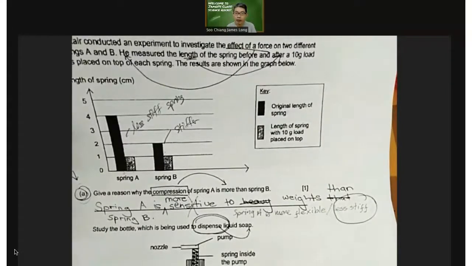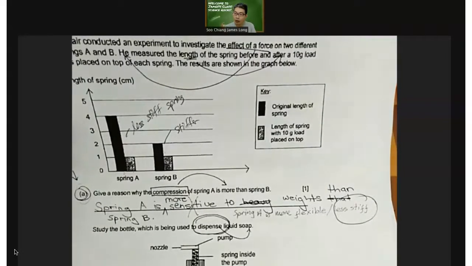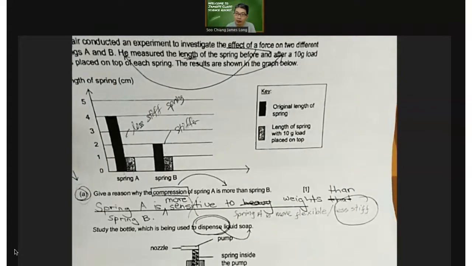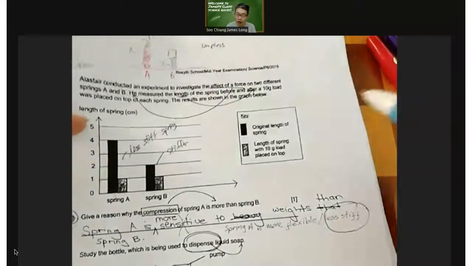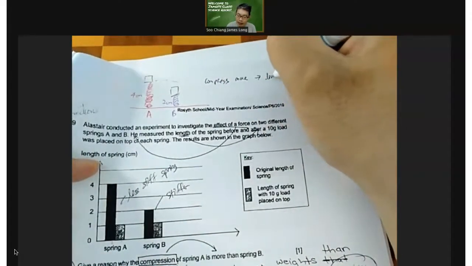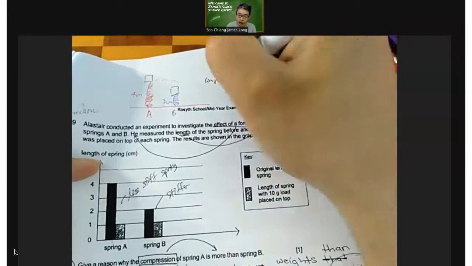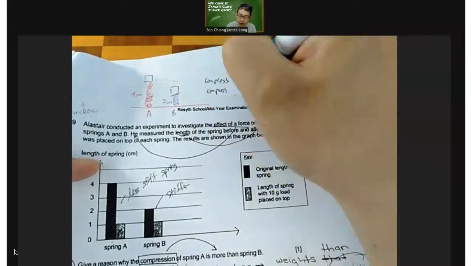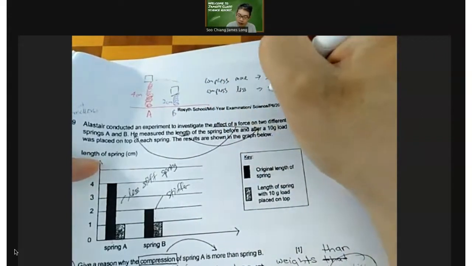When we talk about compression of springs, I want to compare the differences between one compresses more than the other, the one that compresses more. So if you compress more, it is less stiff. If one compresses less, of course it must be stiffer.